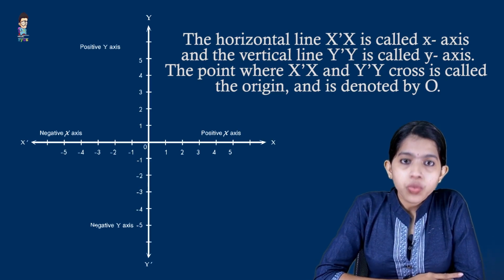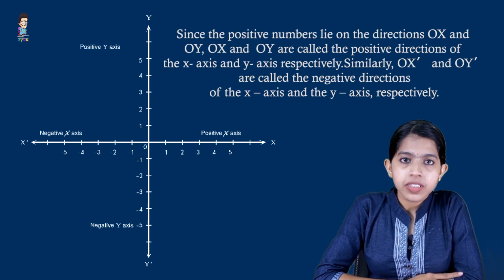The point at which X'X and Y'Y cross is called the origin and it is denoted by O. The positive numbers lie along the direction OX and OY. They are called the positive direction of x-axis and y-axis respectively. Similarly, OX' and OY' are called the negative directions of x-axis and y-axis respectively.